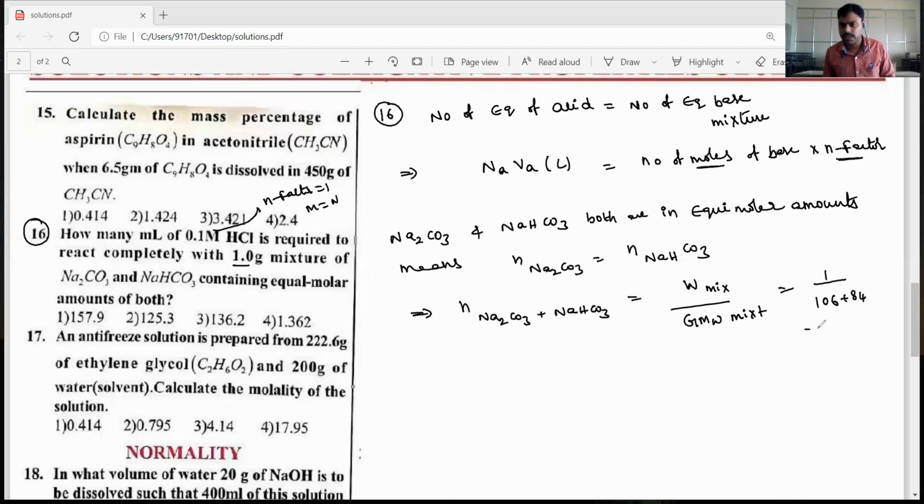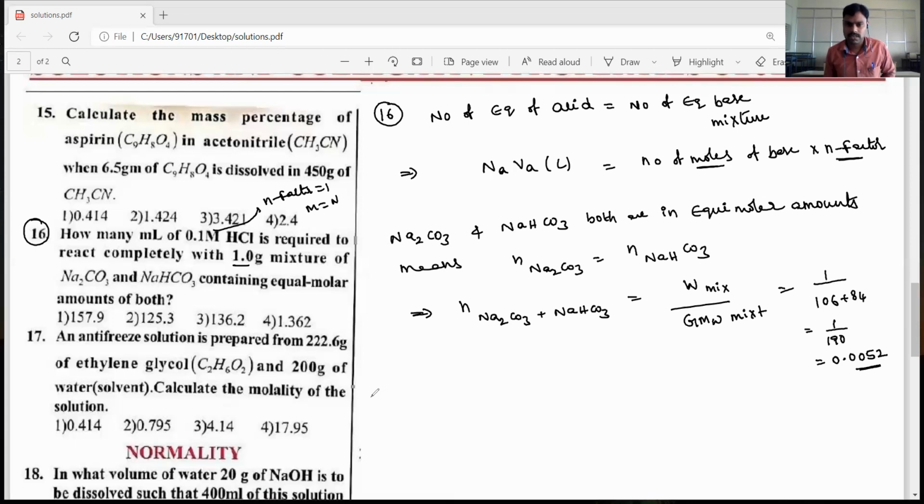On simplification we get the number of moles is 1 divided by 190, which is 0.0052 moles. We know that this is the number of moles of each of Na2CO3 and NaHCO3. Then number of moles into N factor.